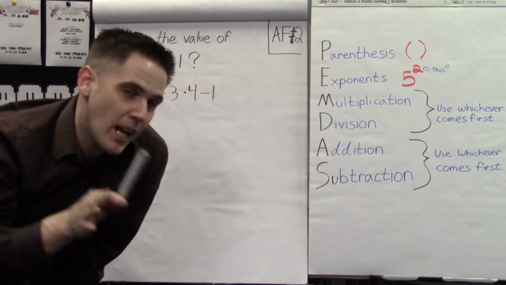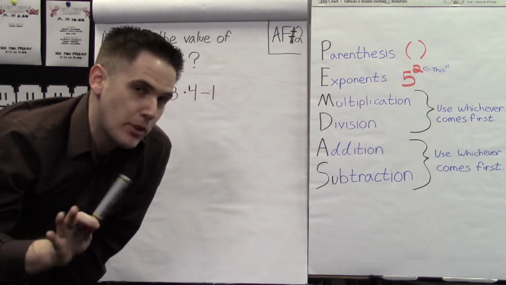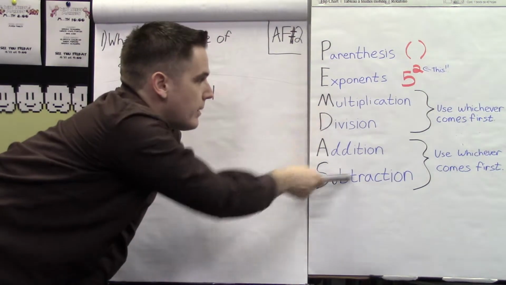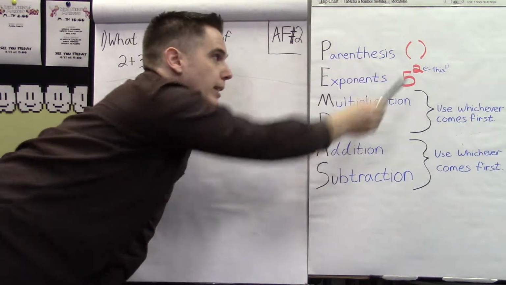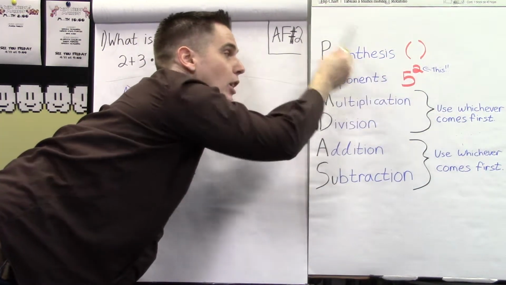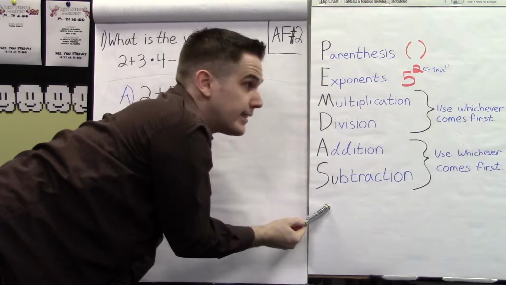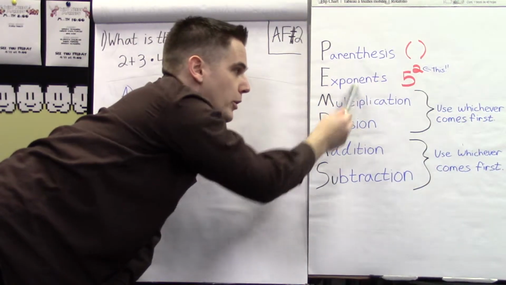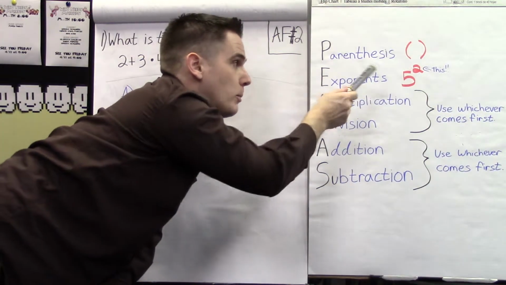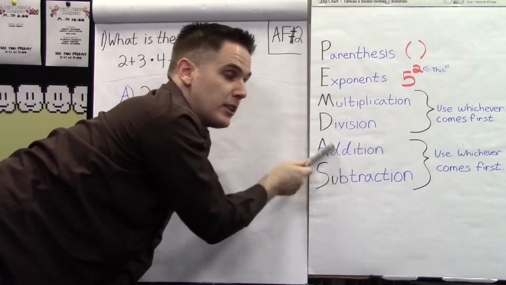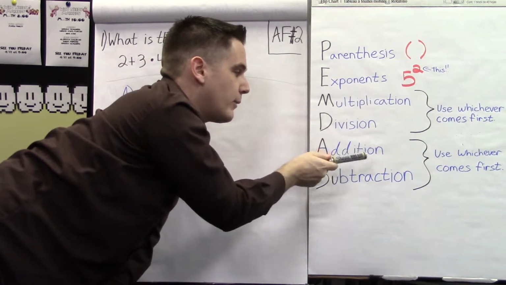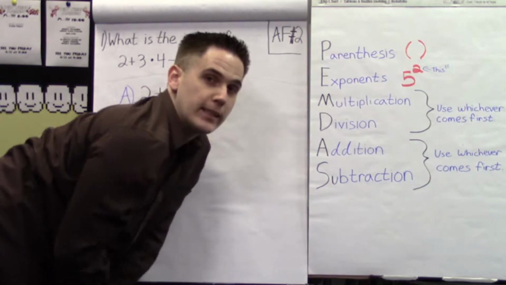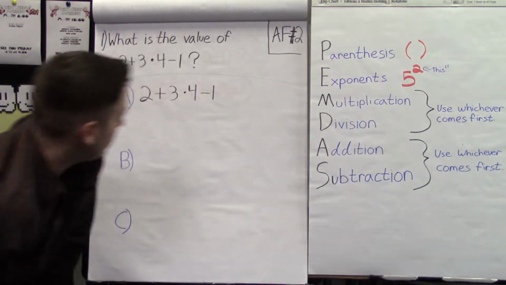Now the only semi-exception is if you see some of this stuff inside parentheses, you handle everything inside the parentheses using order of operations before you go on to any of this stuff. So you might end up doing, in some cases, adding and subtracting before multiplying if some of this is inside the parentheses. We'll do some examples.